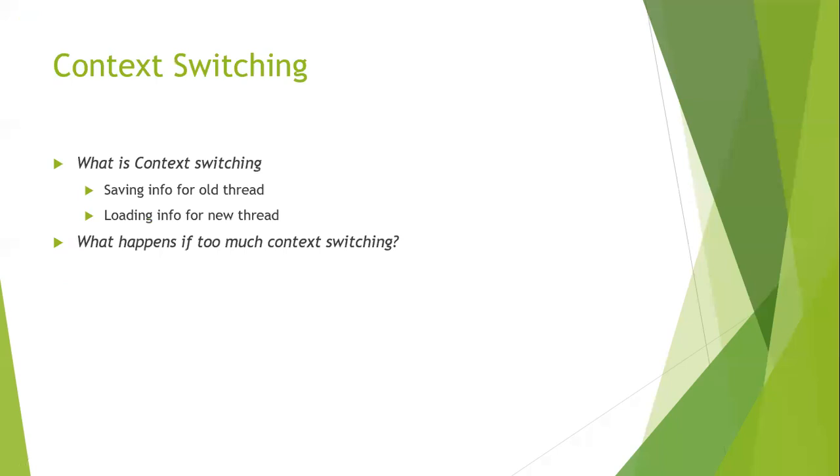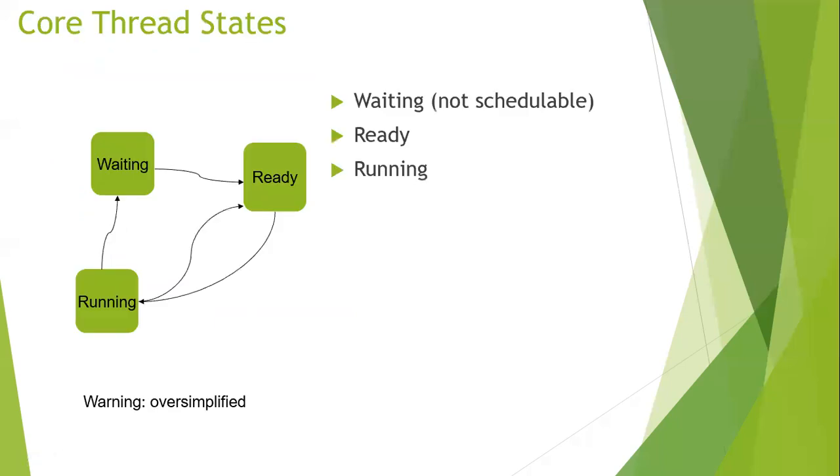Whenever a thread comes out of the CPU, its information is saved in a place. Whenever the thread wants to run on the CPU again, it should start from where it left off. What happens if there is too much context switching? We will discuss that.